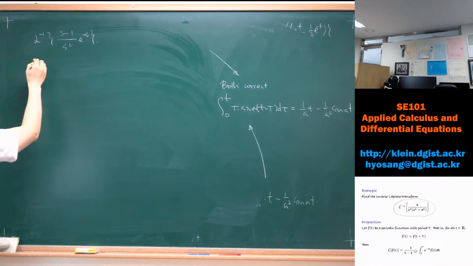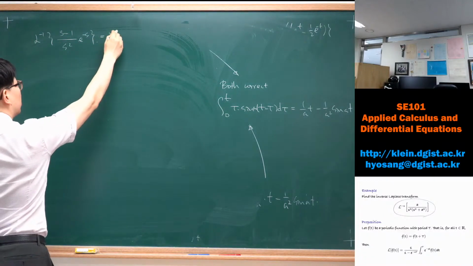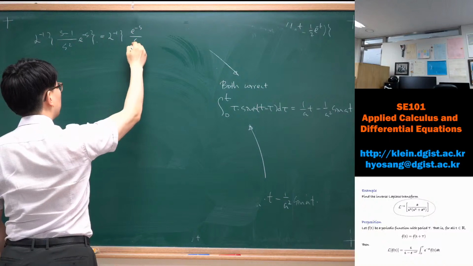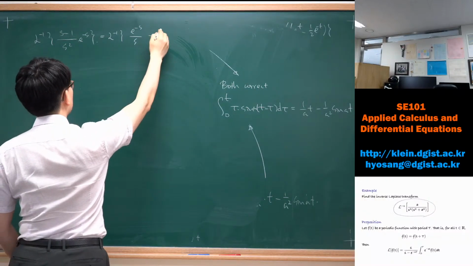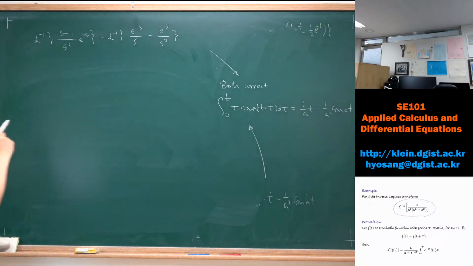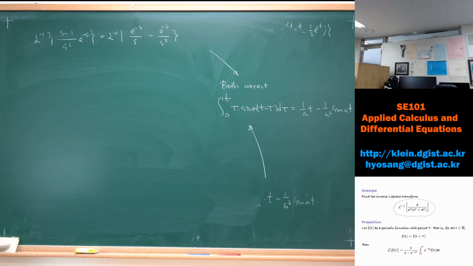Let's split this. So inverse Laplace of e to the negative s over s, minus e to the negative s over s squared. And then what?